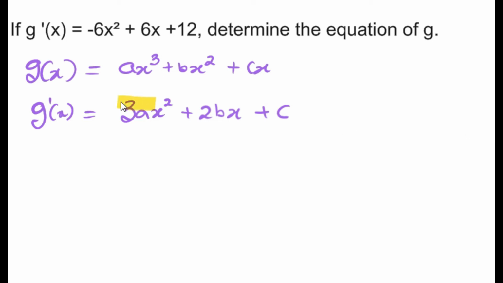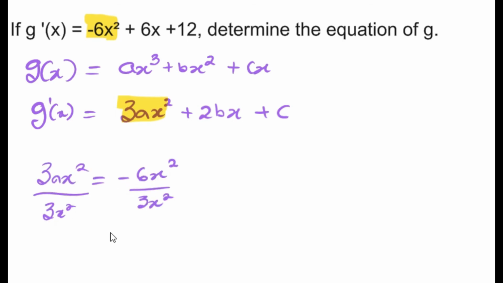To find your a, your b, your c, all we need to do is take them individually. So I'm going to say that this part is equal to that part over there, and that helps me find my value for a. Doing that real quick, I would have, and to get b, I will take that part over there and that part over there. So that will give me.